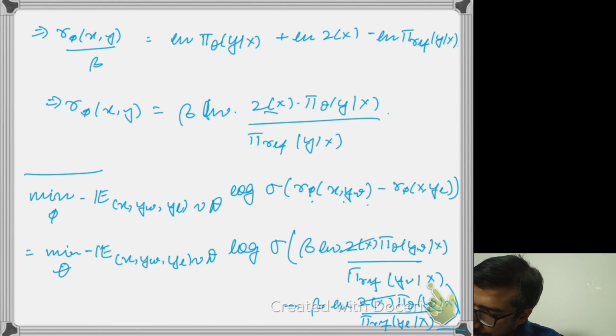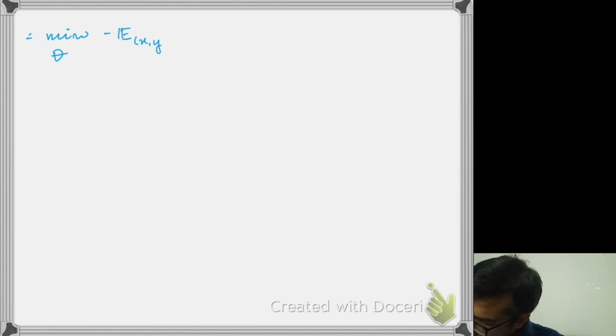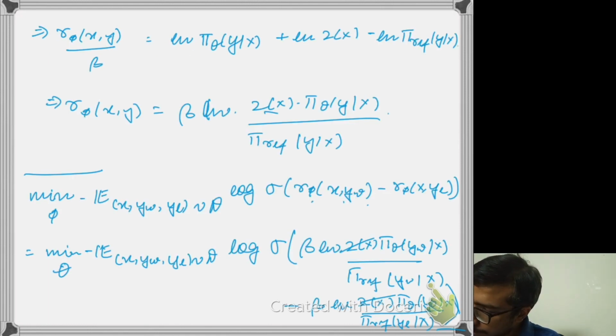So what do I have here? I have minimization over theta of, there's a negative sign, right? So negative log likelihood is what we minimize. Log likelihood is something we maximize.